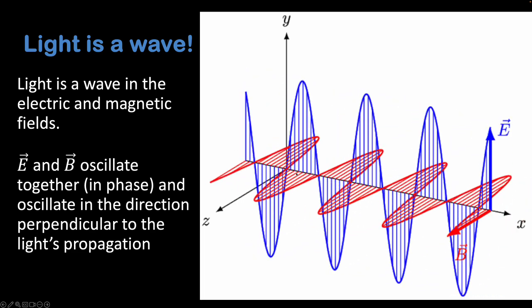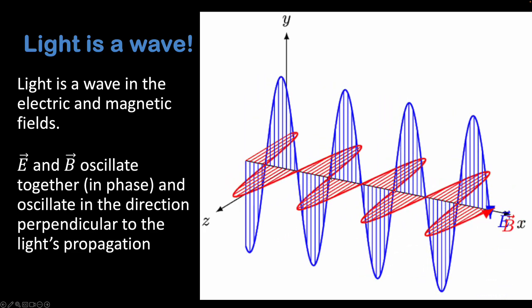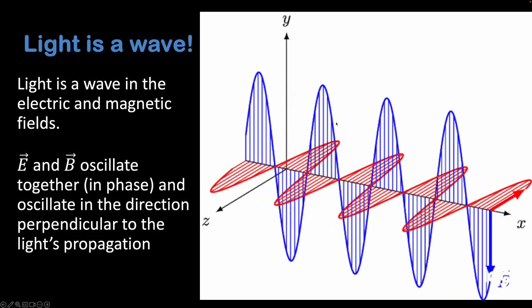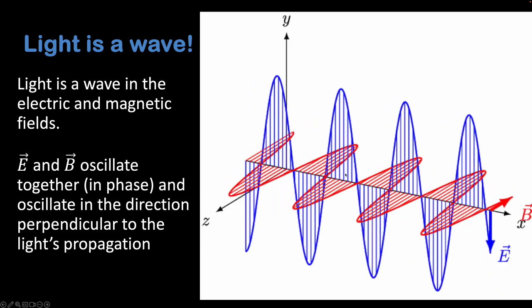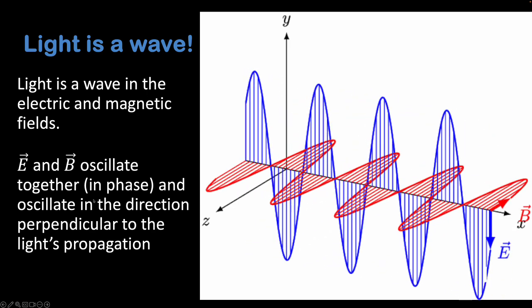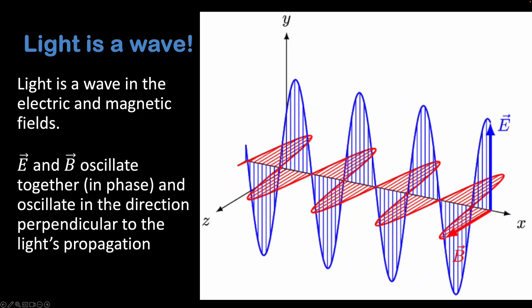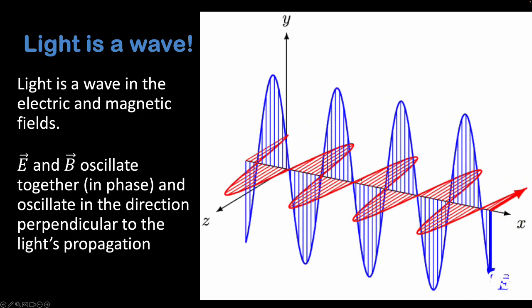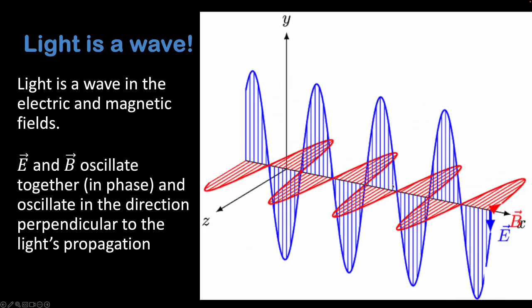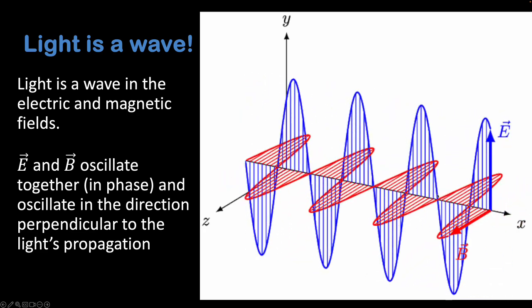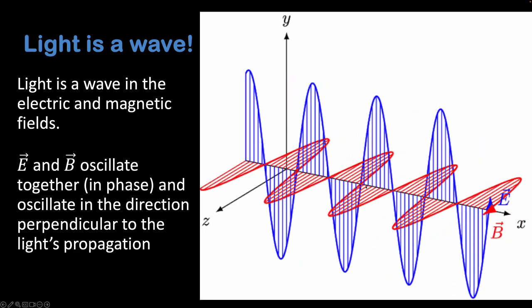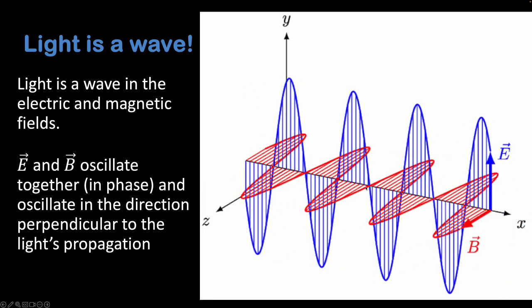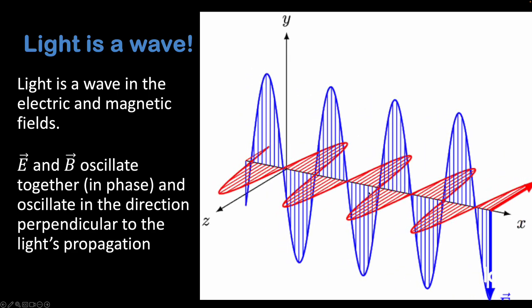So they're also moving in the direction perpendicular to both E oscillations and B oscillations. So the E and B oscillate together, and the wave, the light, is actually traveling perpendicular to either E or B. And so they oscillate in the direction perpendicular to the propagation direction of the wave.